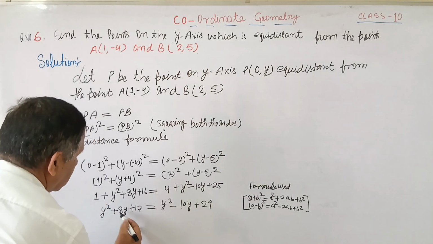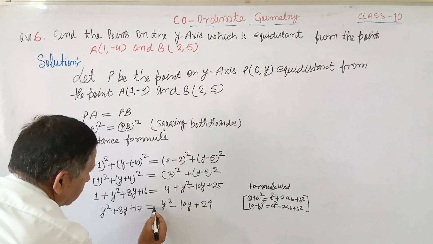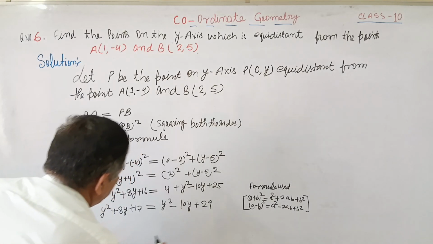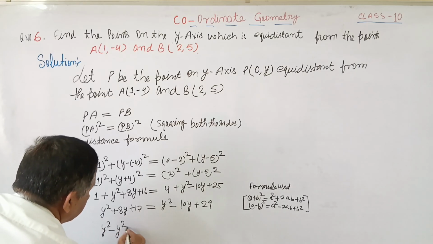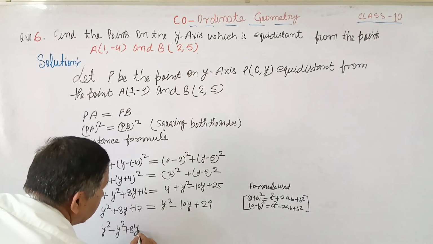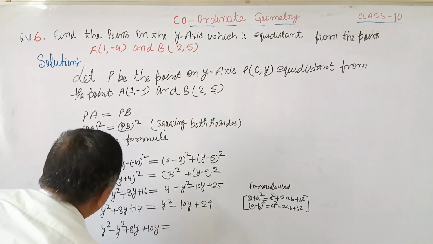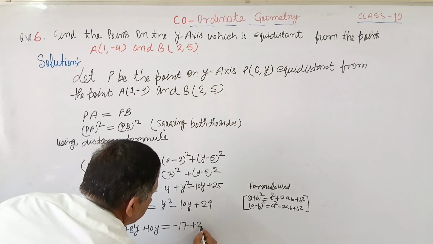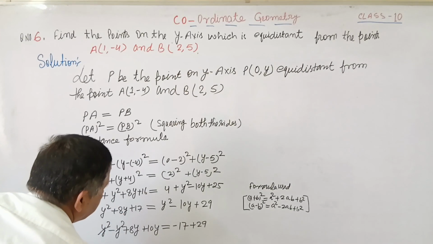Now like terms will be toward the left side, and unlike terms means constants will go to the right side. So y square minus y square plus 8y plus 10y will become minus 17 plus 29. So y square cancels.